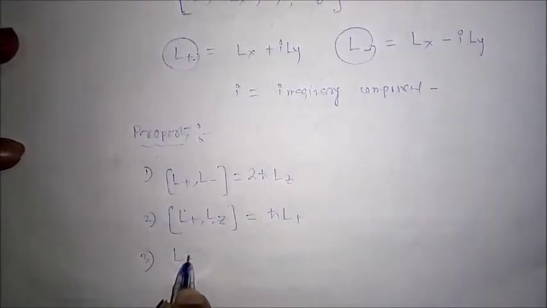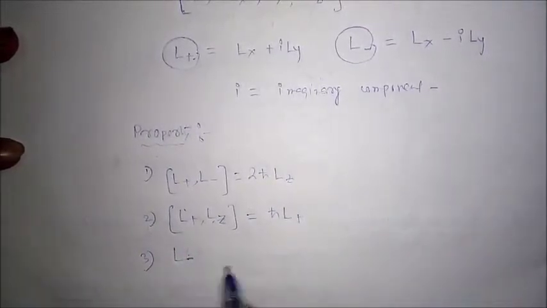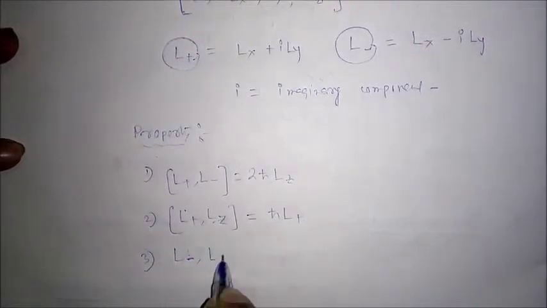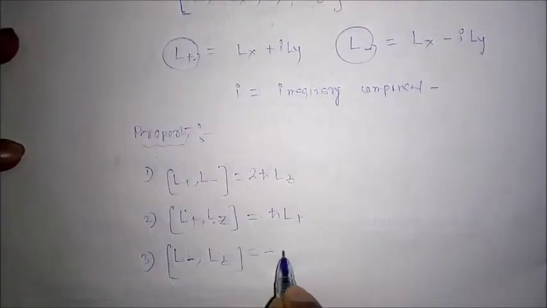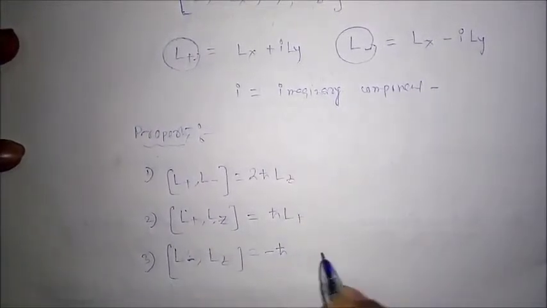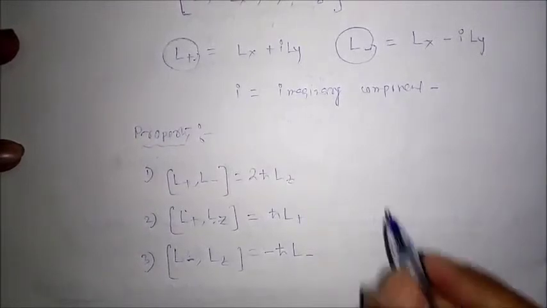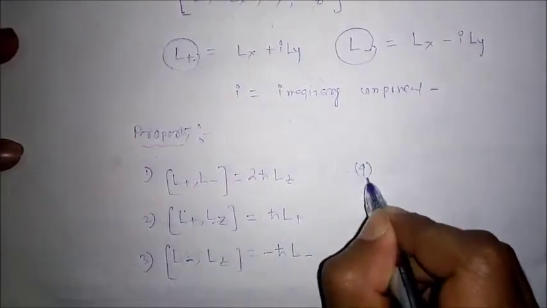Again, the commutator of the negative ladder operator and Lz is equal to minus ħ L-minus.